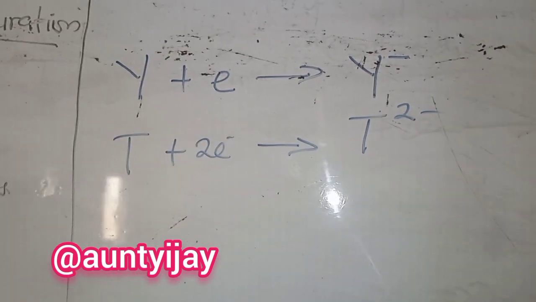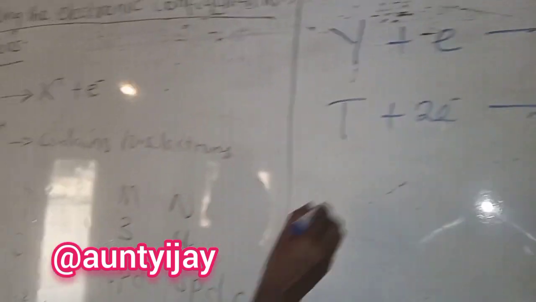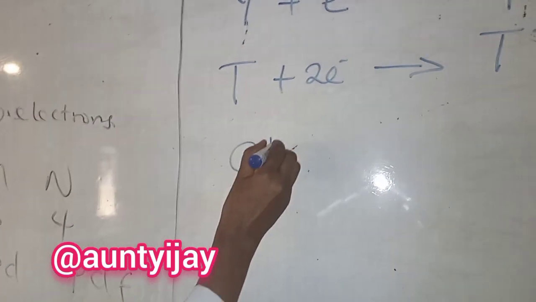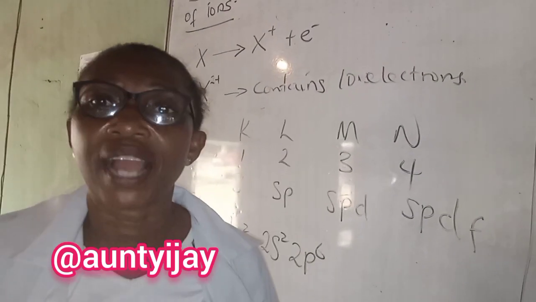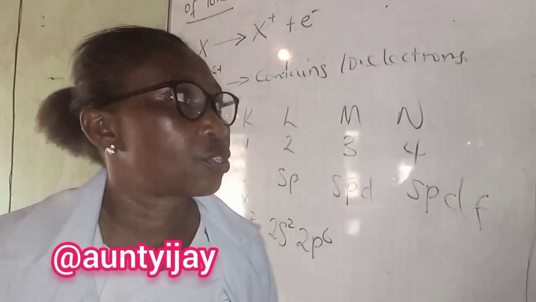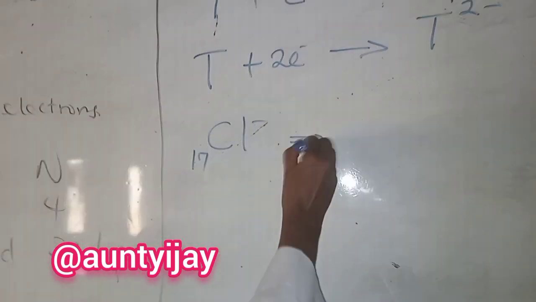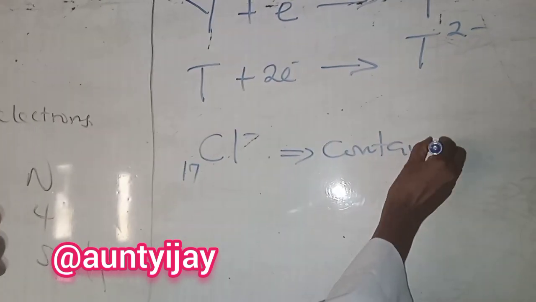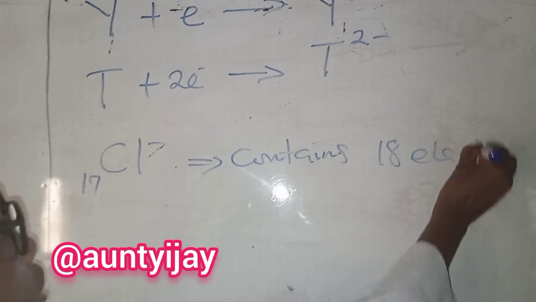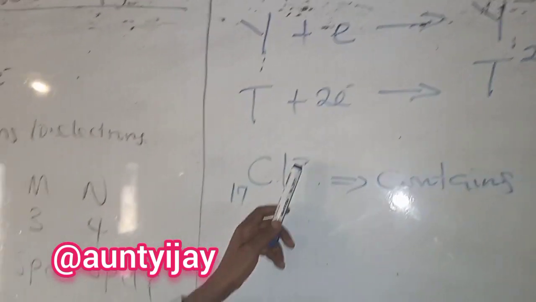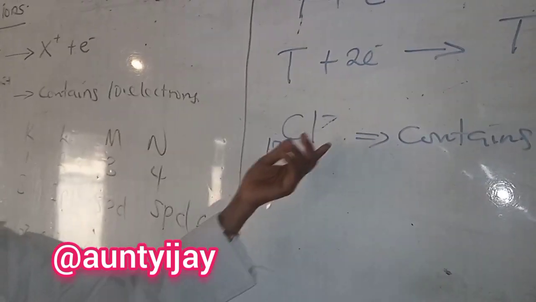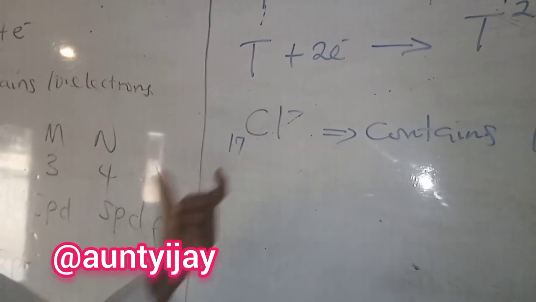So, going by this, if we are given a chloride ion with 17 as atomic number, which also represents the number of electrons, it tells us that this chloride ion contains 18 electrons. Why? Because for a negatively charged ion to be formed, electrons must be gained. So the chloride ion having one negative charge tells us that it gained 1 electron.